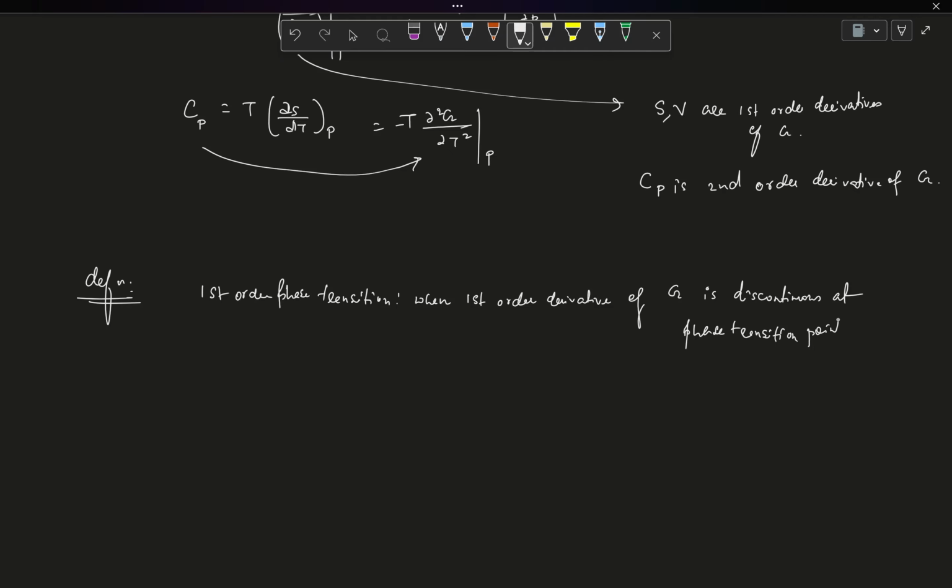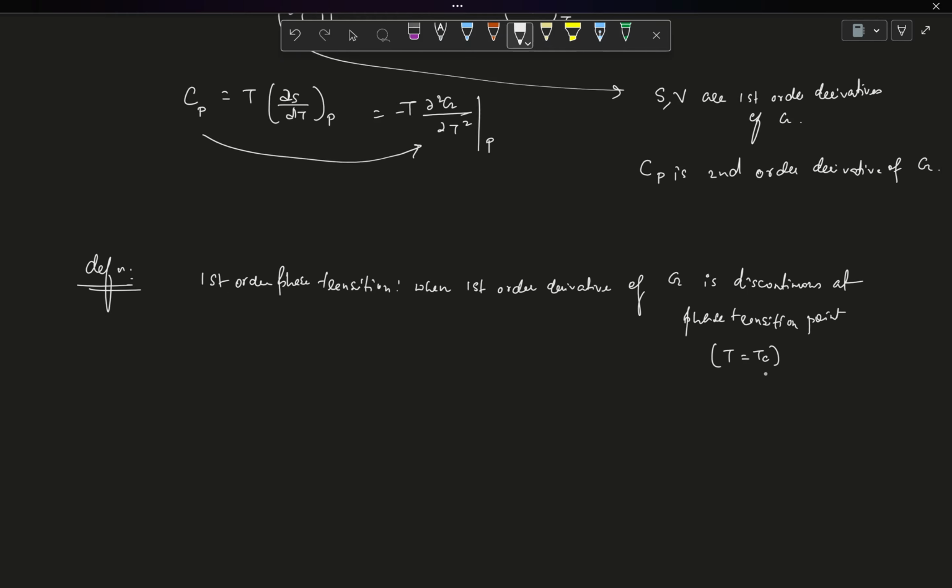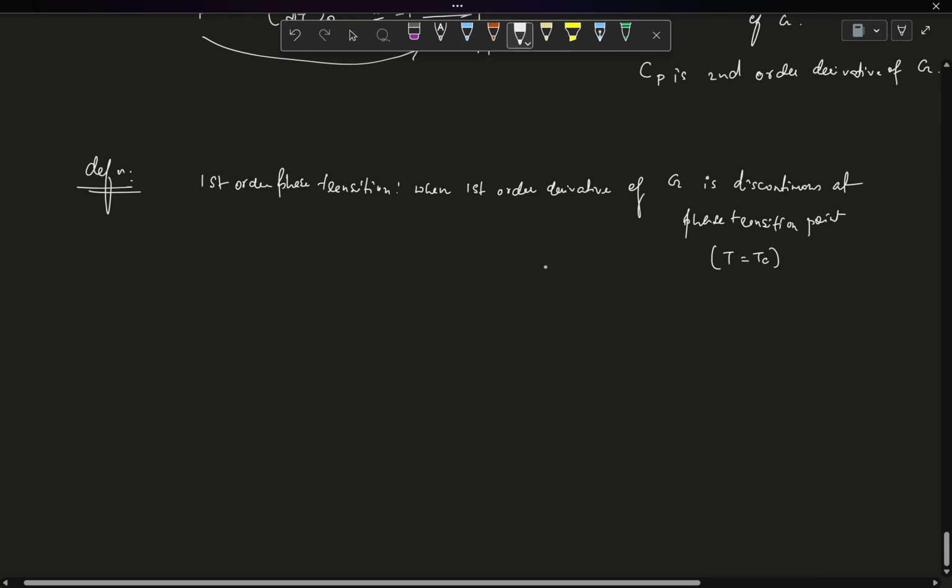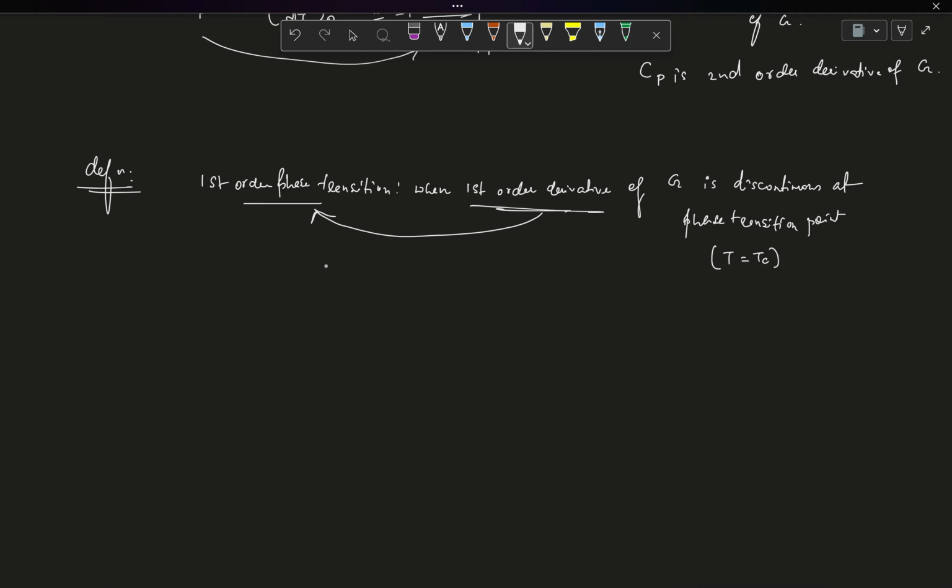Mostly we define the phase transition point by some temperature. Let's say T equal to Tc is a critical or phase transition point where the first order derivative will be discontinuous, then it is called a first order phase transition. And if the first order derivative of Gibbs free energy is discontinuous, like S and V will be discontinuous for a first order phase transition at the phase transition point Tc.